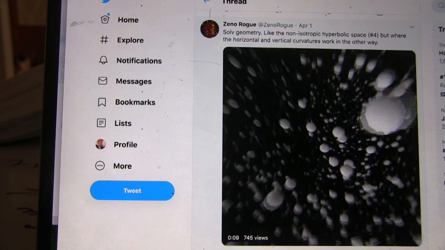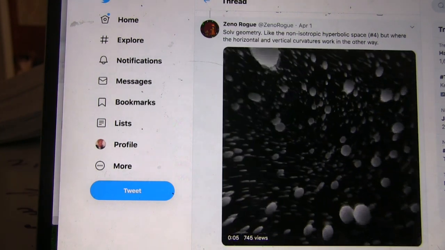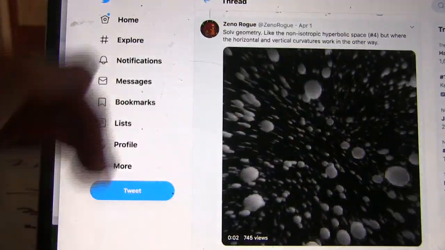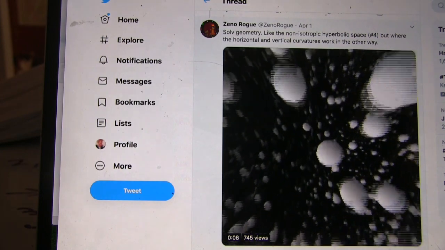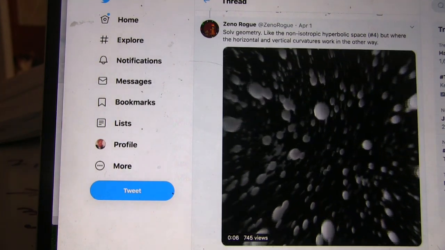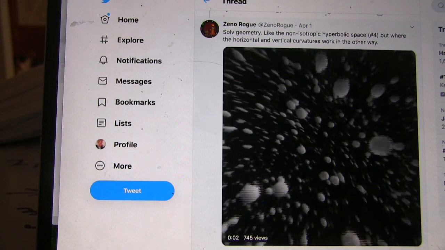And the curvatures sort of flip. So now it's curving this way, and then it sort of rotates to be going vertically. Huh. Yeah, this one's really, really strange.